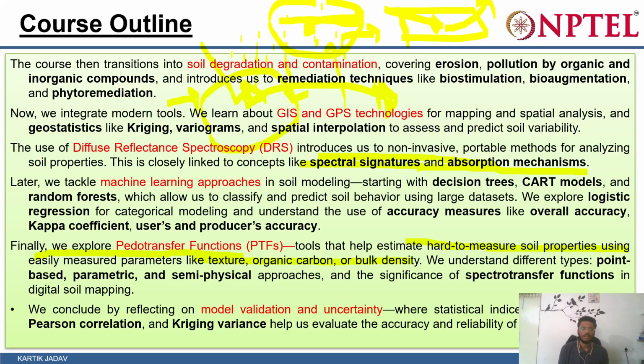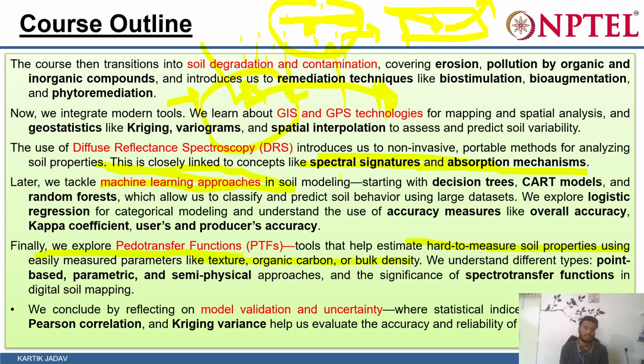And then once we have this large-scale data which is monitored on the field, with some heterogeneity, right? So how can we handle that data using various machine learning approaches, okay, like decision tree, CART models, or random forests, and how we can validate our model using various techniques.